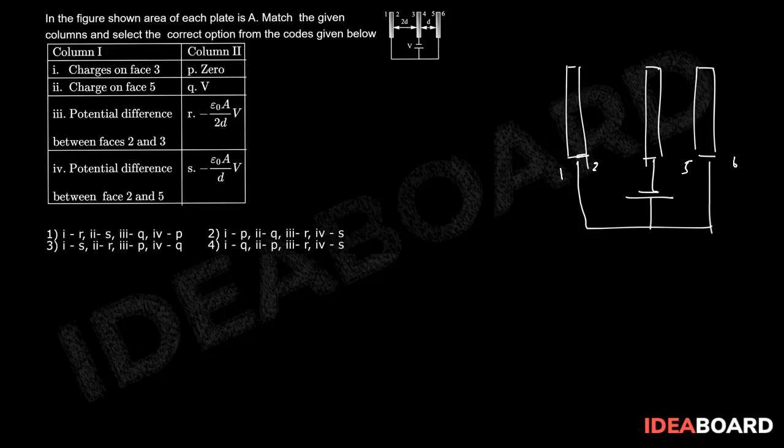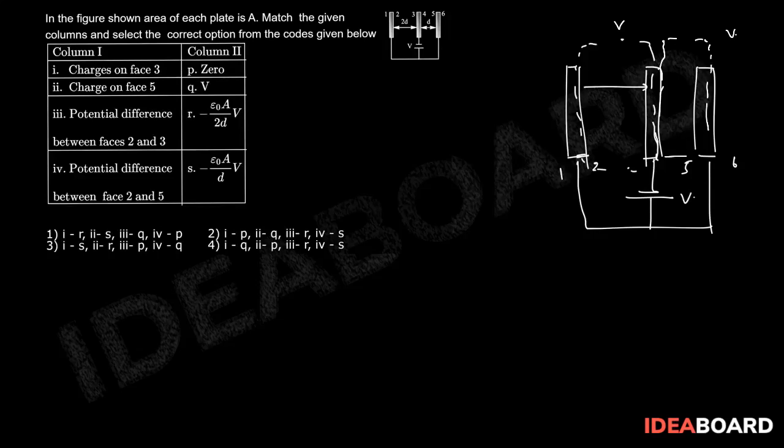So these two will have the same potential, right? But this system is forming one capacitor, right? So we know that the potential drop between them is V, and for these two plates the potential difference will also be V only for this capacitor system.